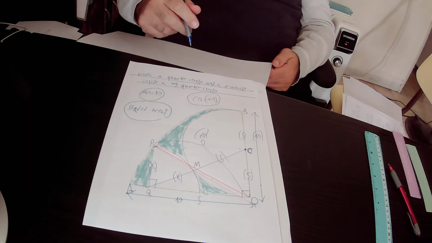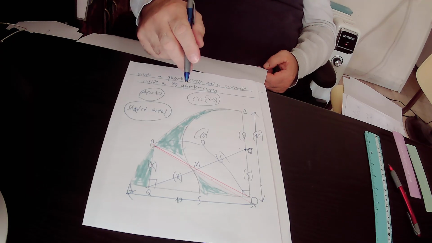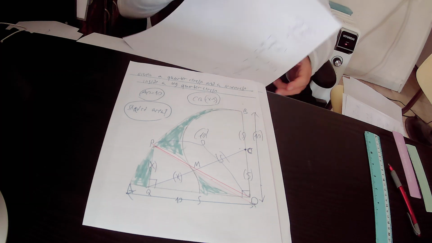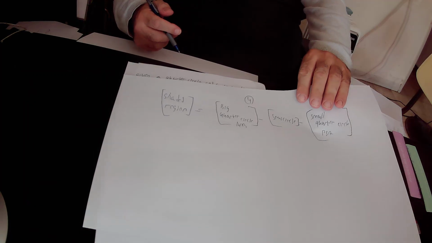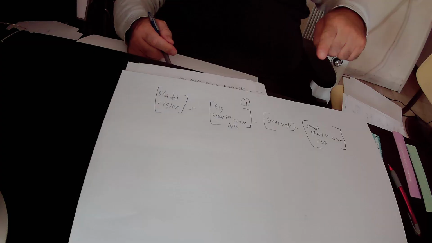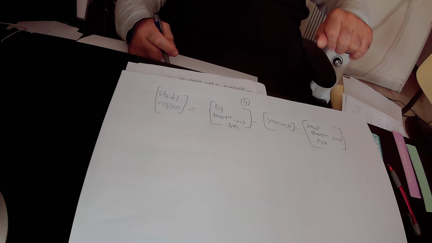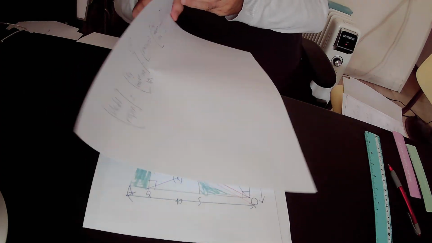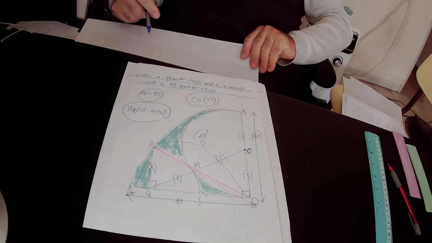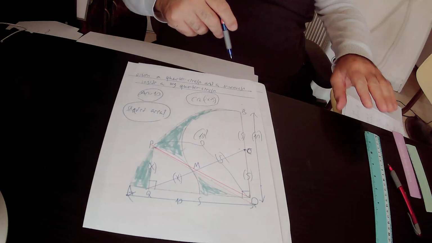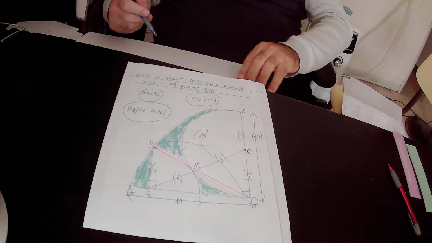Again, the area of this shaded region in total is equal to the area of the big quarter circle AOB minus the area of the semicircle minus the area of the small quarter circle PSQ. What is the area of this big quarter circle AOB?